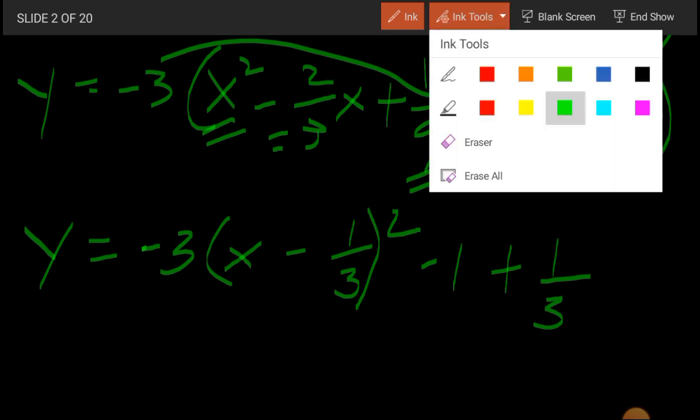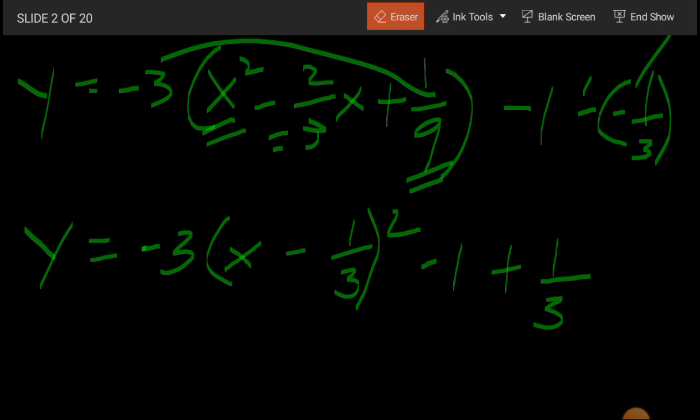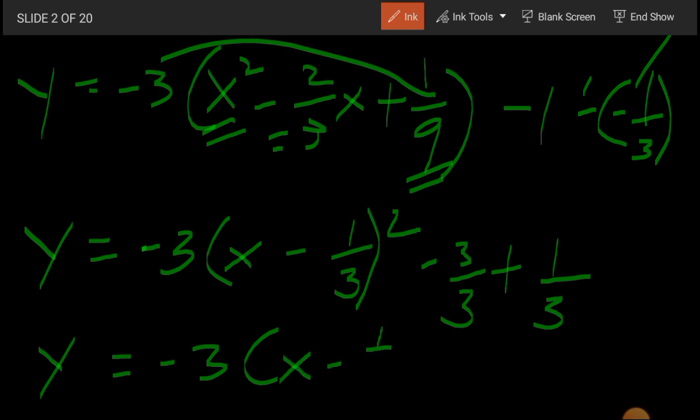And si negative 1 ay gawin na nating bagong fraction na 3 din ang denominator. So, magiging 3 over 3 na rin siya. So, from that, simplify na natin, negative 3 x minus 1/3 squared. Then, dahil pareho na sila ng denominator dito sa constant, magiging negative 2/3.